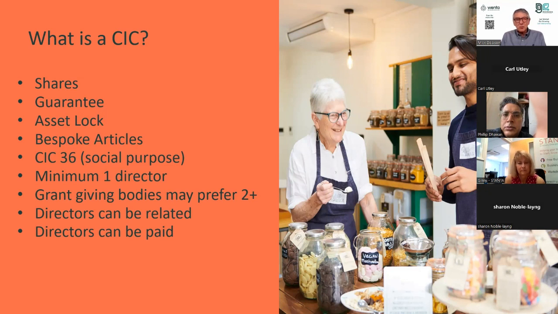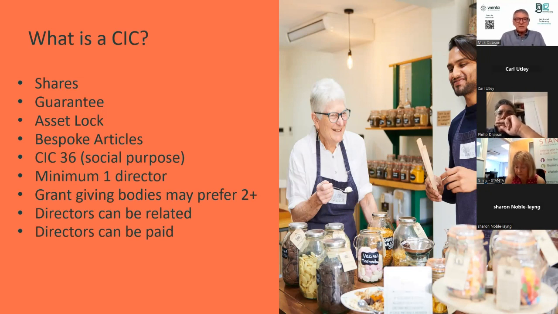Also in that set of articles, whichever sort of CIC you're forming, you will have an asset lock mentioned. The asset lock means you can be gifted land, property, heavy goods vehicles, big stuff, capital. Essentially, it was set up because of land and particularly buildings.